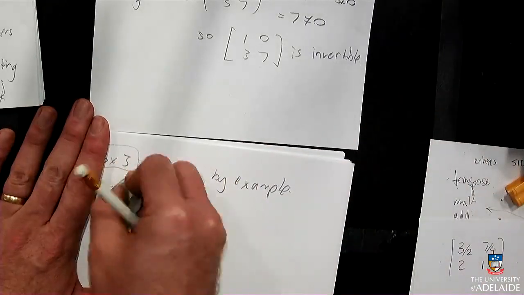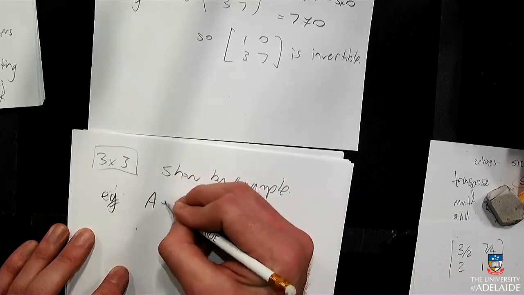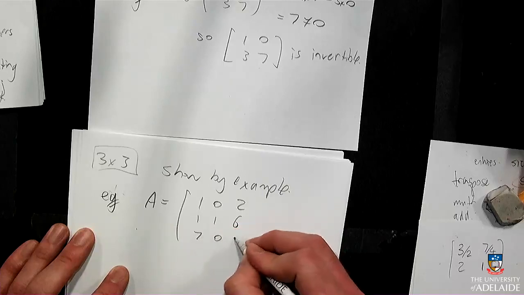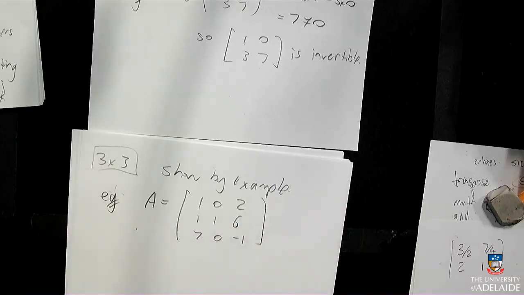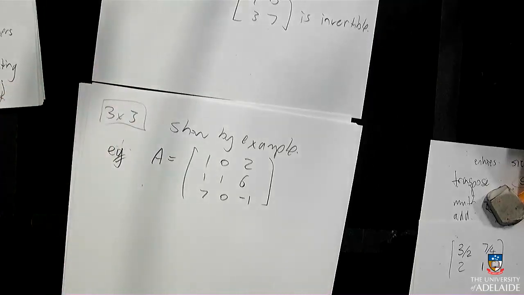So this matrix here is a 3 by 3 matrix. Remember, it only works for square matrices, so we're all good there.